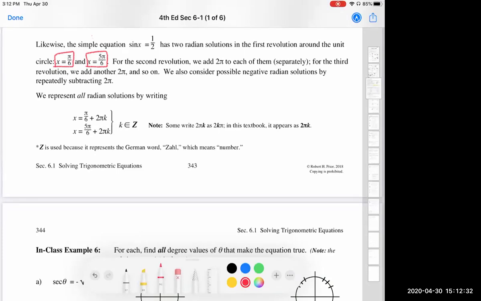We consider the possible negative radian solutions by repeatedly subtracting 2 pi. So instead of worrying about adding and subtracting, we just write it this way. We still have that pi over 6 and 5 pi over 6, but we're adding that other extra part, plus 2 pi k, where k is contained in Z.